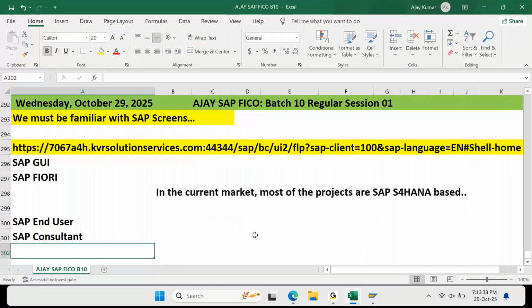These are all data entry related transactions. All these things you will get for free on YouTube. All the content is freely available on YouTube. If you refer to it, it is more than sufficient to become an end user in any organization. You need training only to become a consultant, not to become a user.